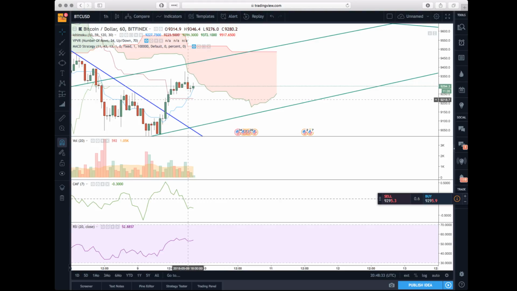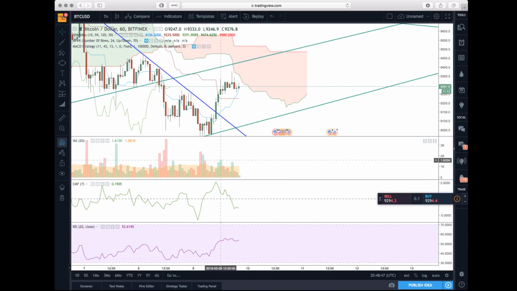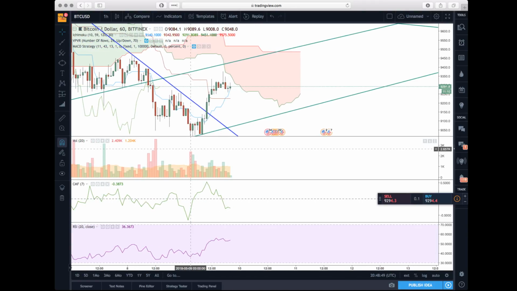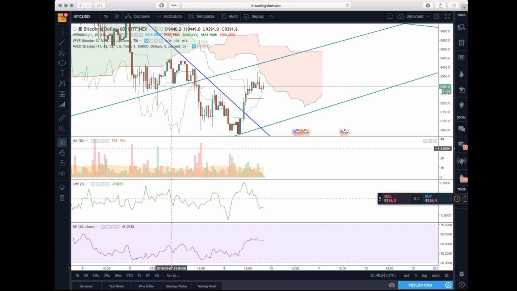So let's see. Now we're back down to the hour, and I like what's going on here. This looks good to me. Everything else is fine here. Volume is decreasing on this bounce, which is not great. We don't really want to see that.